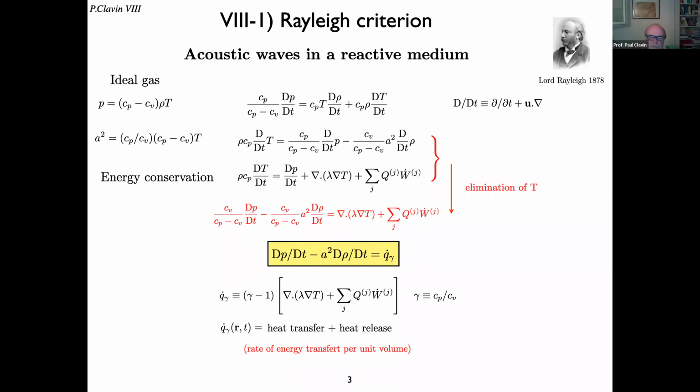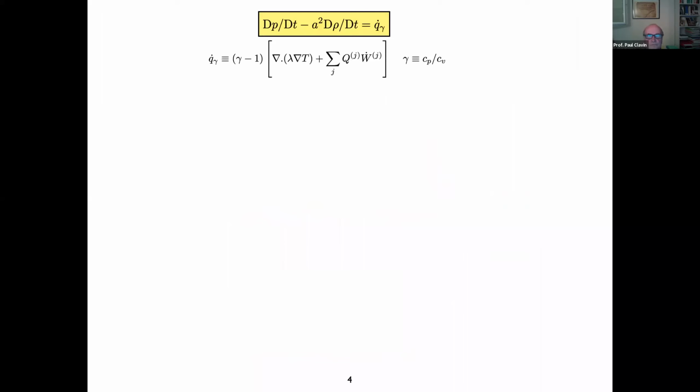In general, this rate has two terms: one coming from heat transfer and one coming from the chemical reaction. We are going to use essentially the second term, and the first has to be taken into account to obtain details, but generally speaking, you can forget about it and consider this effect here. And we use an isentropic law. So here are the equations written again.